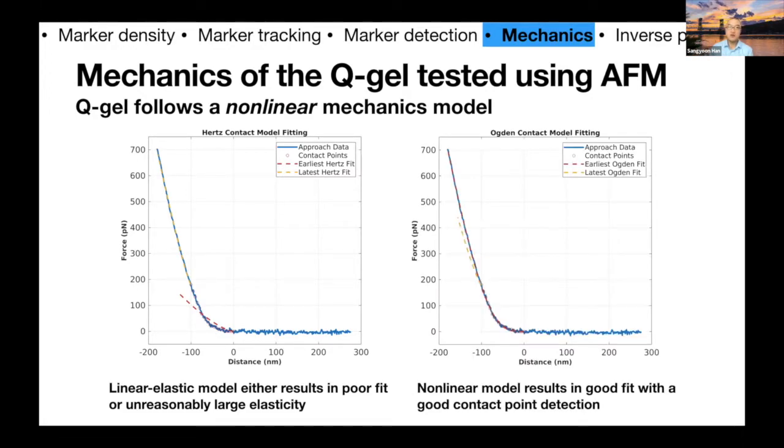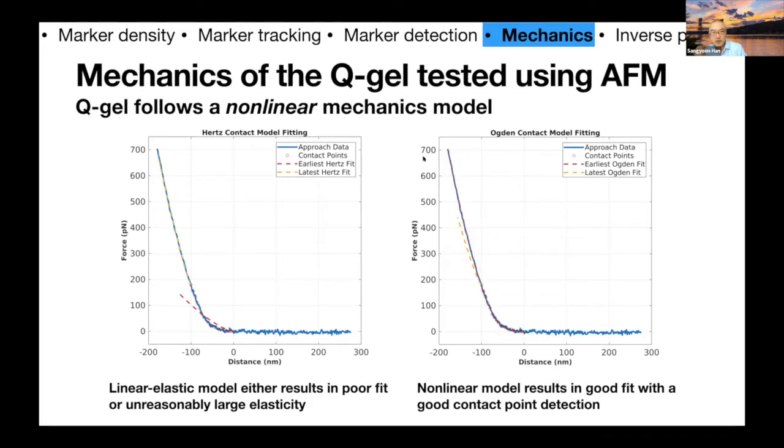There was one nonlinear model called the Ogden model. If you use a very early contact point with the Ogden fit, it really leads to a perfect fit, with R square value like 0.99. Only when we have a very unrealistic contact point does it start to deviate.